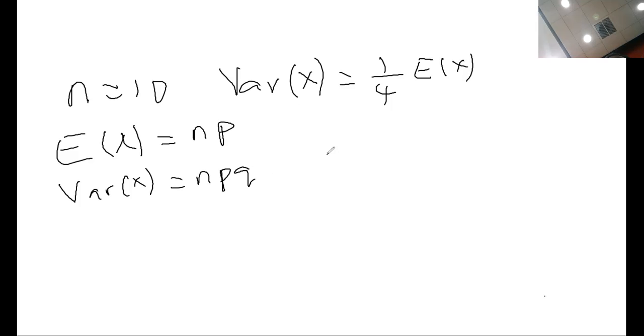So this formula tells us that npq is equal to np over 4. So what can we say? q equals 1/4. So can you find p? Generally use the information that you have.